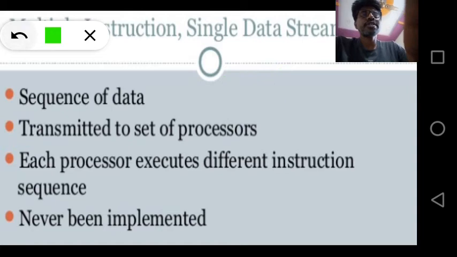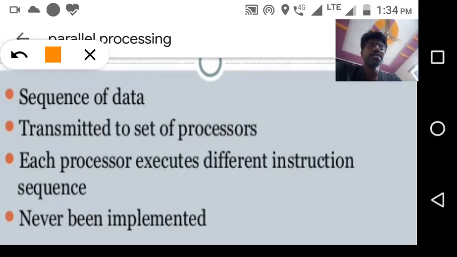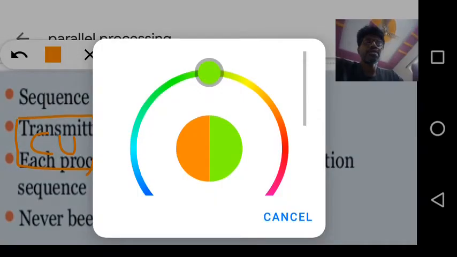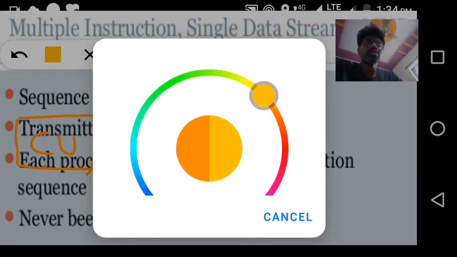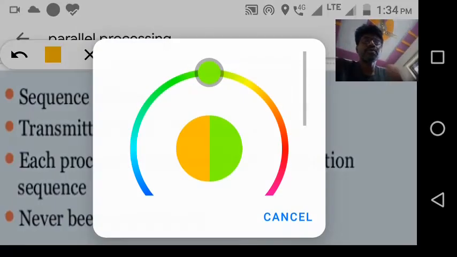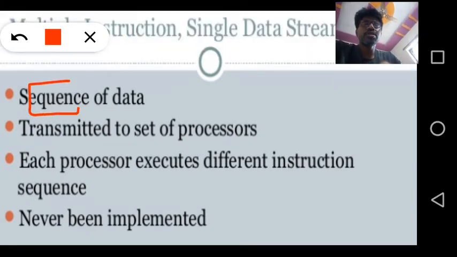As it says multiple instructions, if this is my control unit, there are multiple control units.